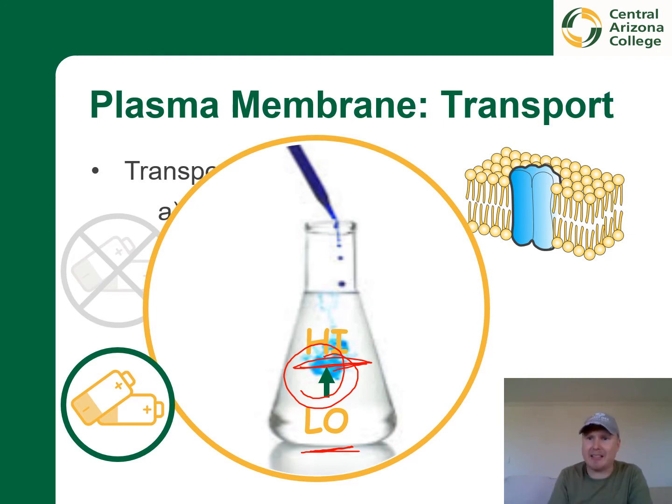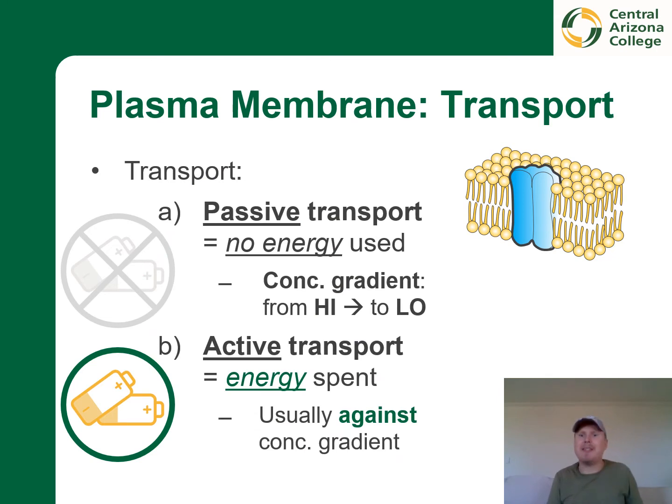So this is against the concentration gradient, in other words, against what would normally happen. And of course, because this is against what would normally happen, this will require energy from us. Remember, that is what the green arrow that we saw earlier meant, from low to high. And establishing this buildup of different amounts of materials on different sides of the plasma membrane against their natural gradient requires energy.